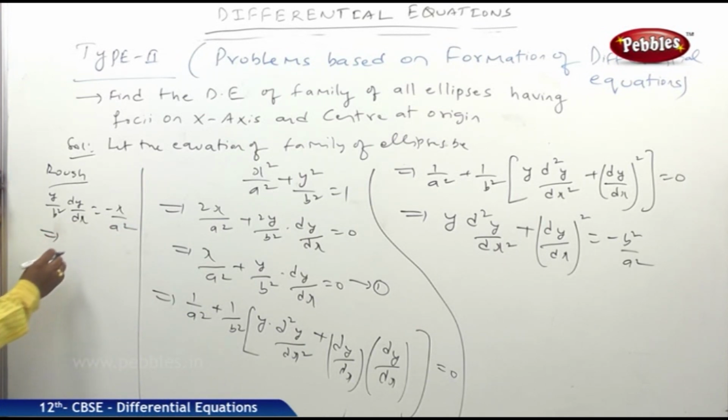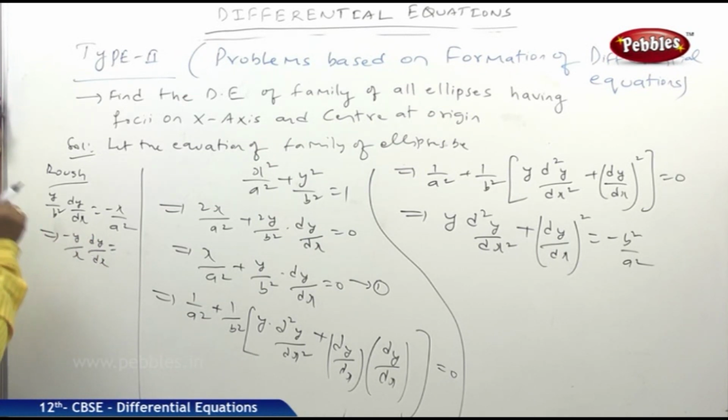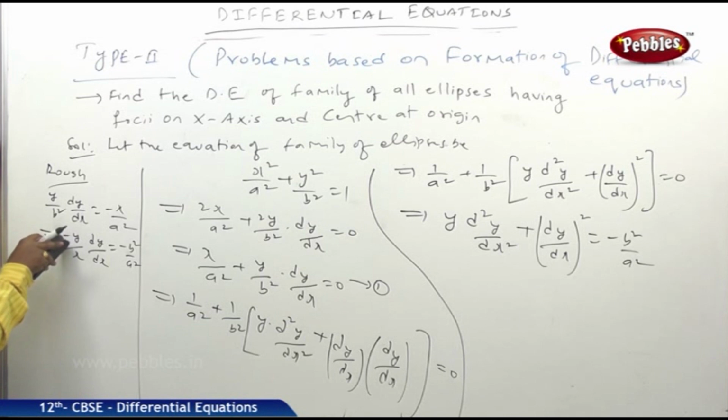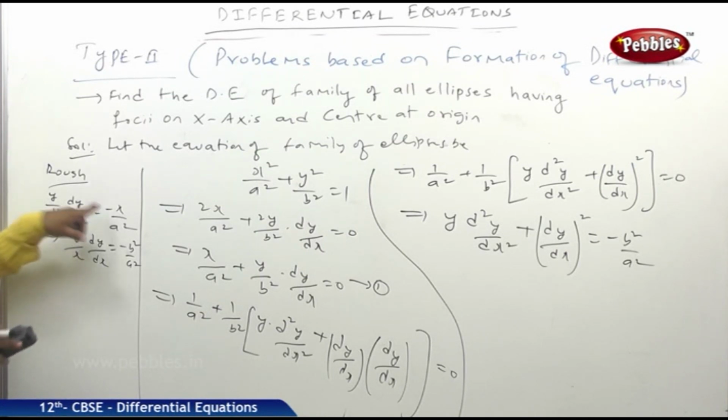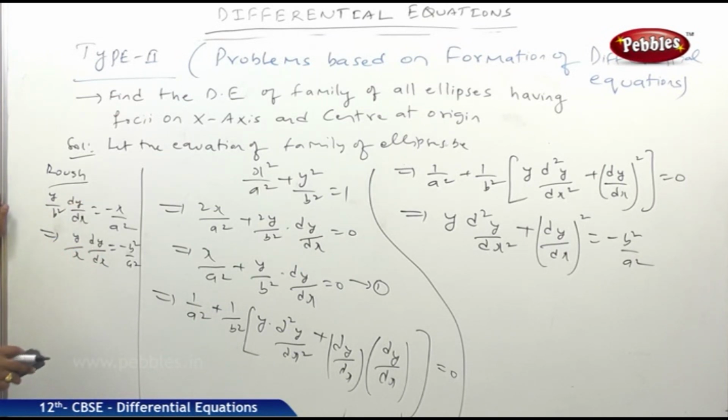Finally, minus y by x dy by dx is equal to minus b square by a square. Or else, x coming to this side, y by x dy by dx, b square going to that side, means minus b square by a square. So wherever minus b square by a square is coming, I can write y by x into dy by dx.